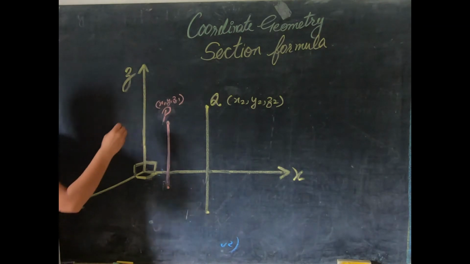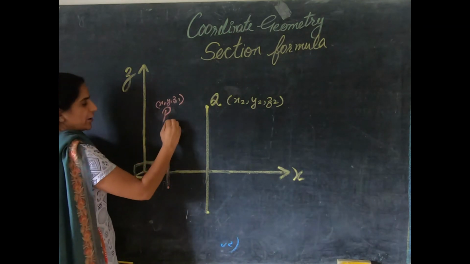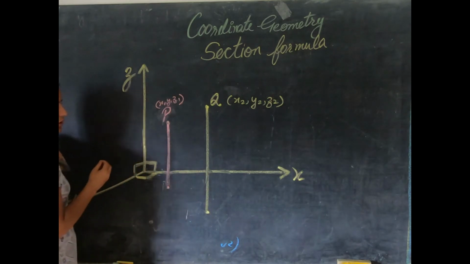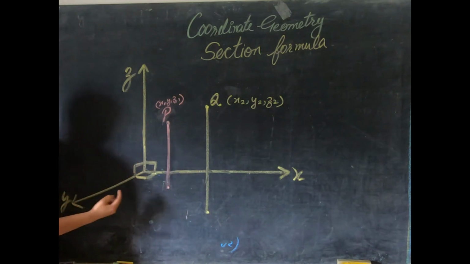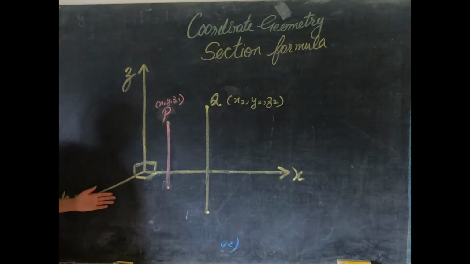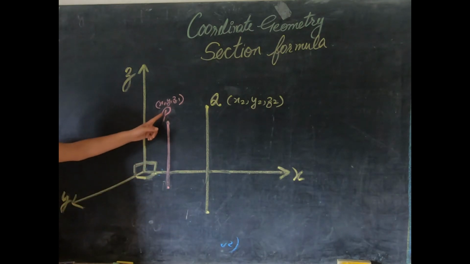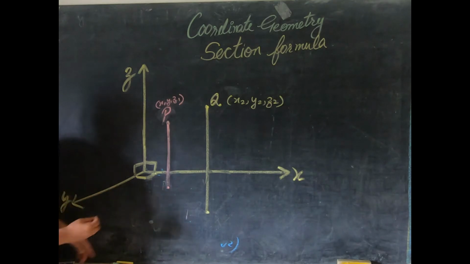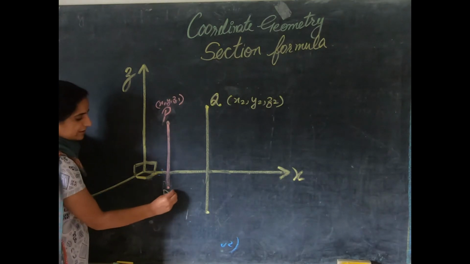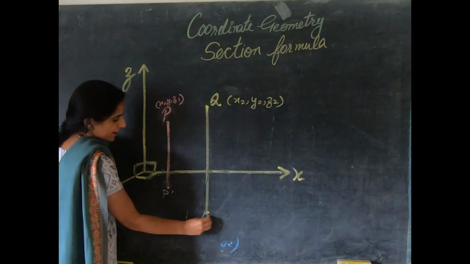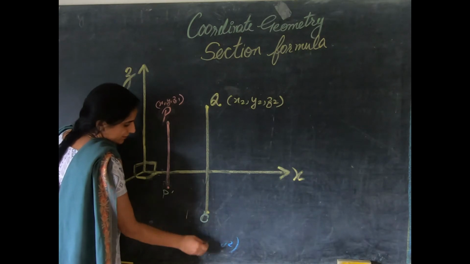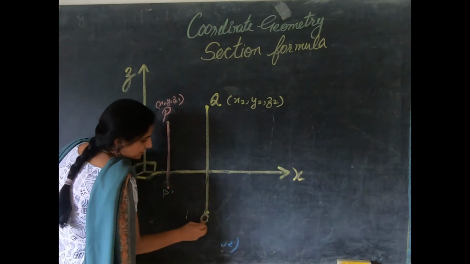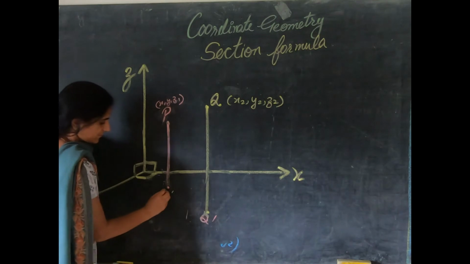So here I have located 2 points P and Q, and both the points are in the first octant. Here you can see the images of point P and Q in the xy plane. Let these images be this.